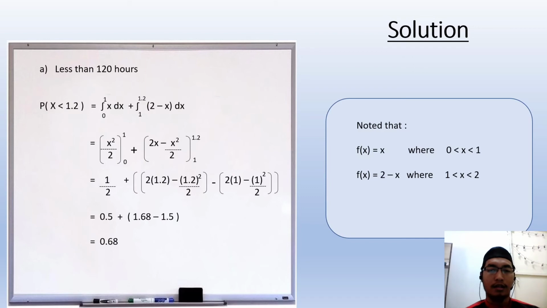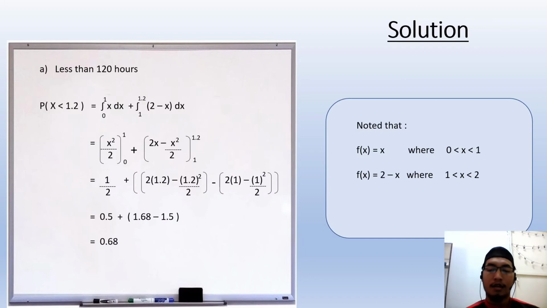We notice that the question used a unit of 100 hours, so we can define 120 hours as 1.2. So the solution is, we integrate x with limits 0 and 1 dx plus integrate 2 minus x with limits 1 and 1.2 dx.